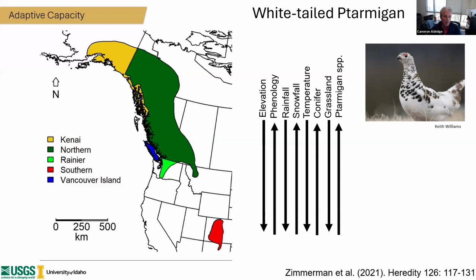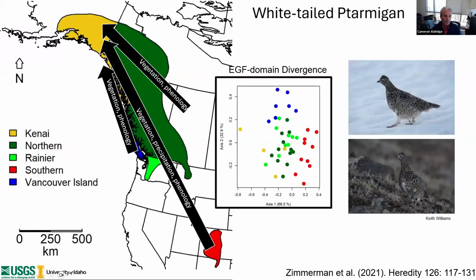Next slide. So what we see is that we found there is indeed adaptive divergence patterns associated with combinations of local vegetation characteristics, phenological characteristics, precipitation, elevation, latitude, etc. And there's a significant association with genes in a functional group called the EGF domain, which is listed there.